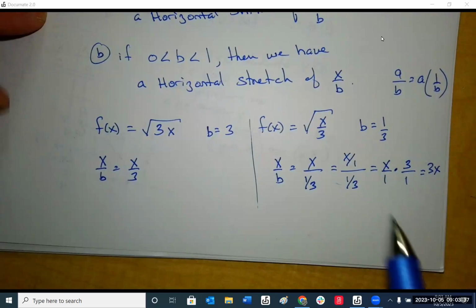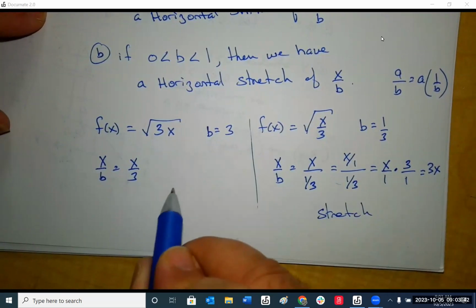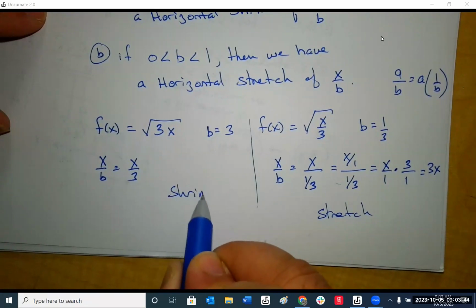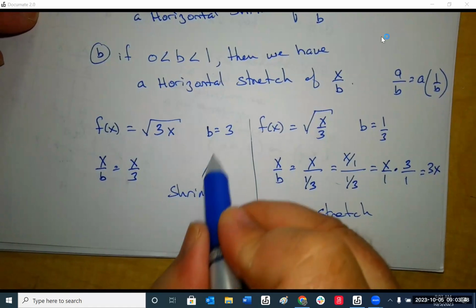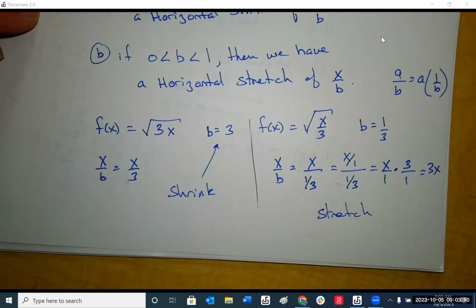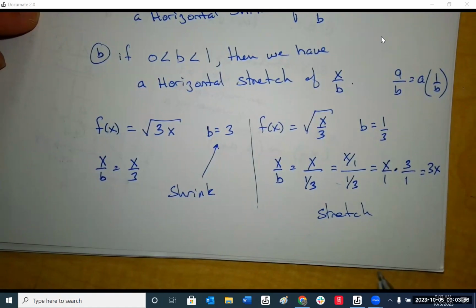So now we're stretching it. This is a stretch. This is a shrink. So if your B is an integer or larger than 1, we have a shrink. If your B is a fraction, then we have a stretch because you're dividing by a fraction.